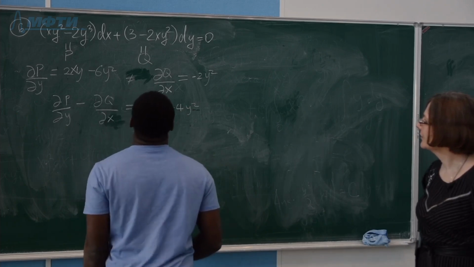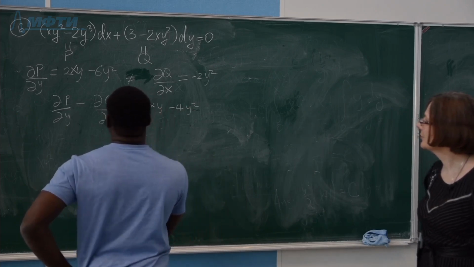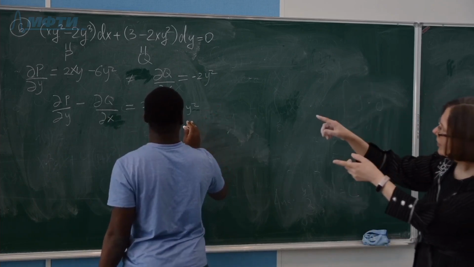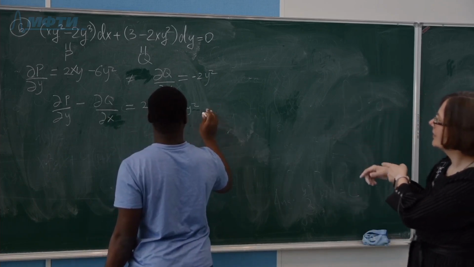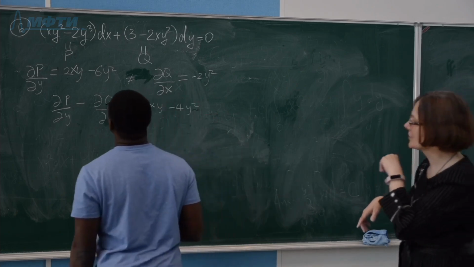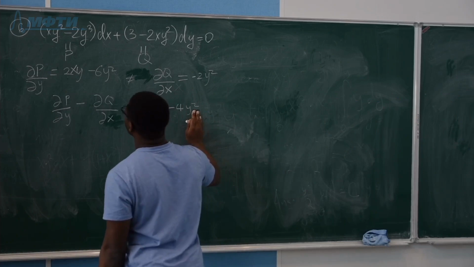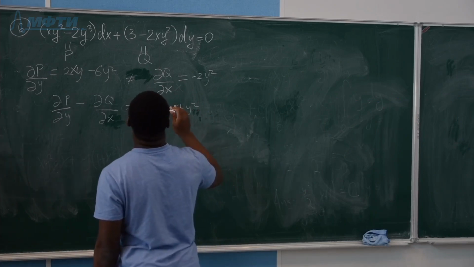Right, and after this, we should try to divide by P or by Q. So in these formulas, we must divide by Q or by P, and I'm trying to decide.